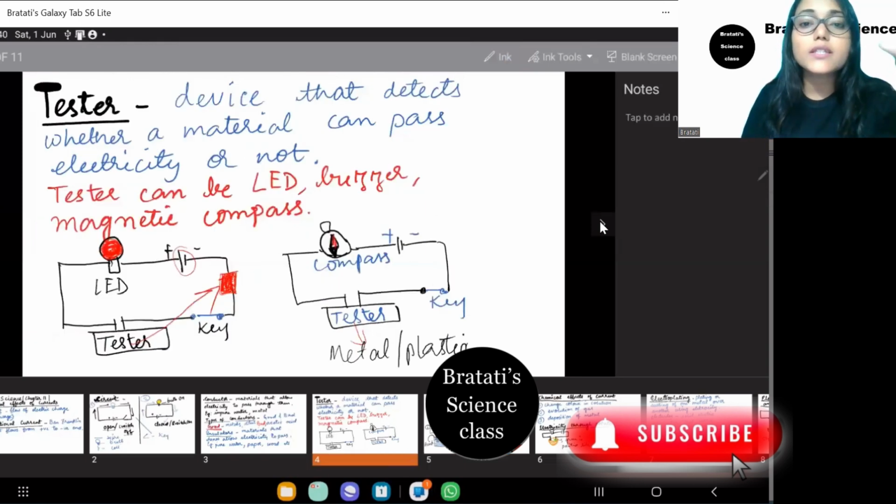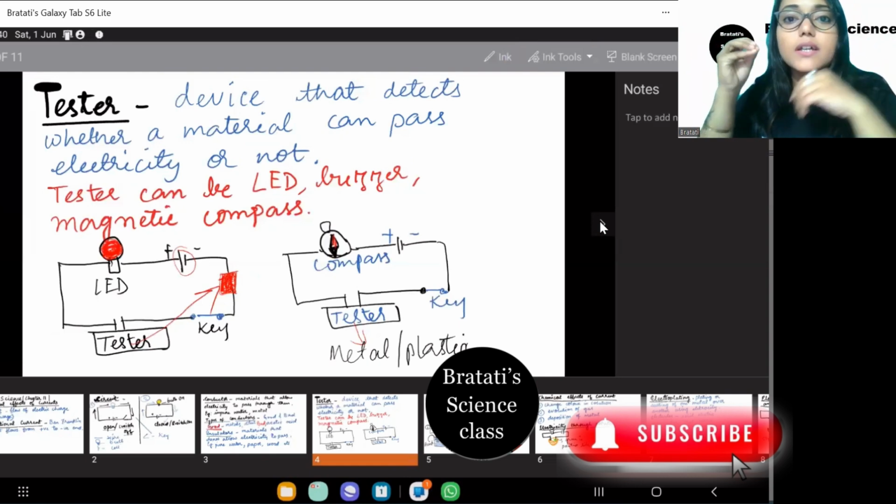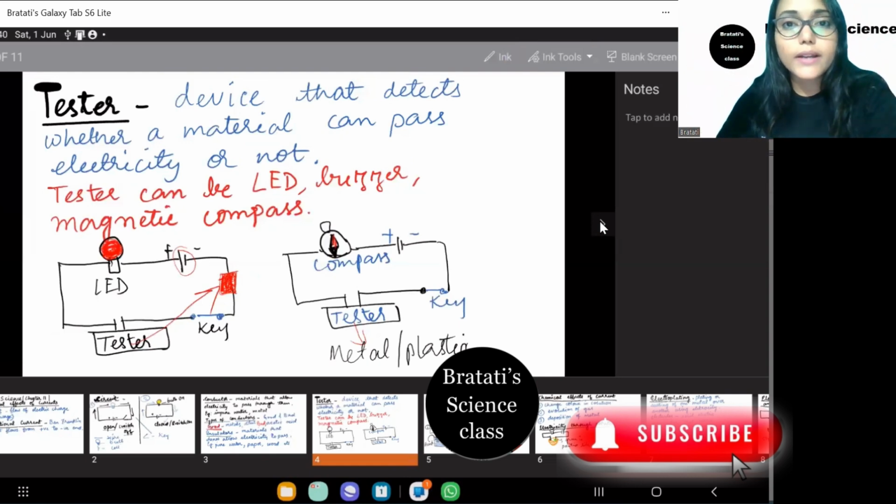Tester is the device which shows or detects whether a material is a conductor or an insulator. If it is a conductor, that means with that tester, the LED or the magnetic compass will show the change in them. If it is LED, it will start glowing. That means the circuit is complete and the metal or the material which is used as a tester is passing the electricity.